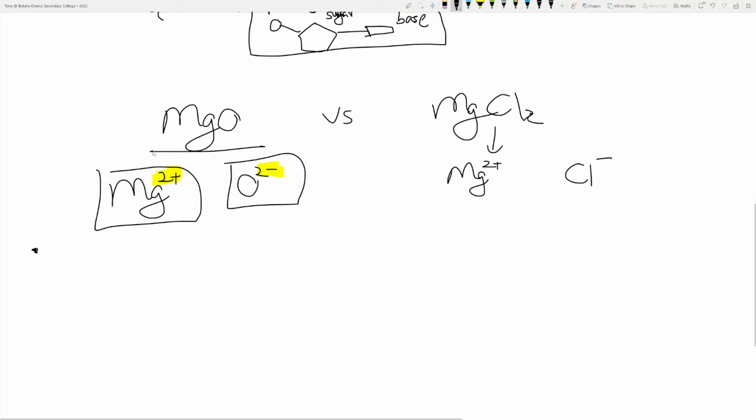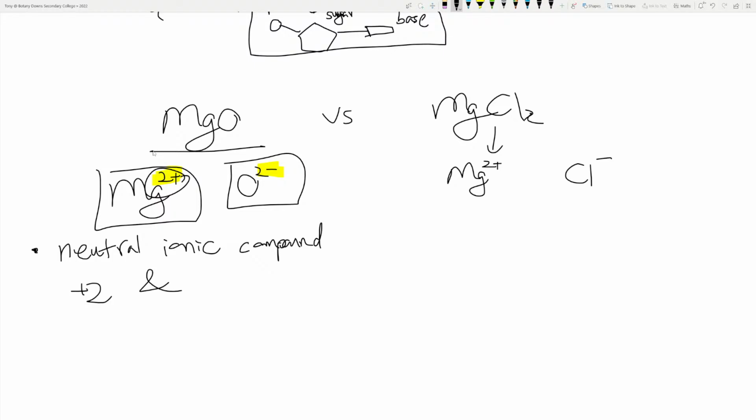You can just say that when the ions combine together, you want to create a neutral ionic compound. So the positive 2 and the negative 2 cancel each other out, and that will give us our neutral ionic compound. That's why the ratio is 1:1.